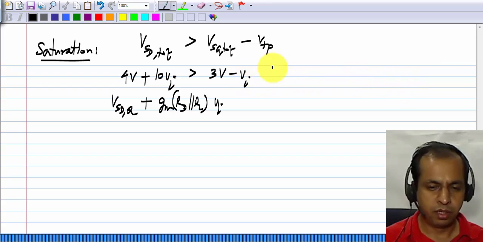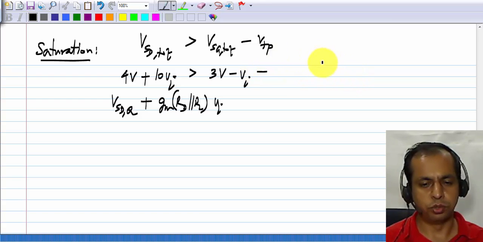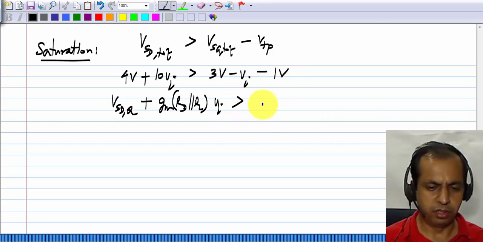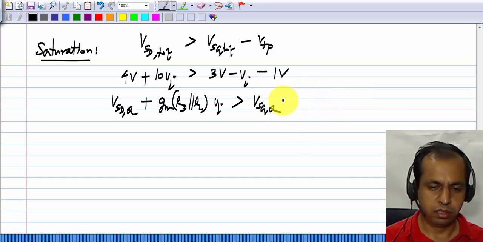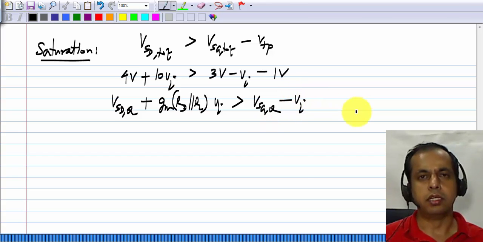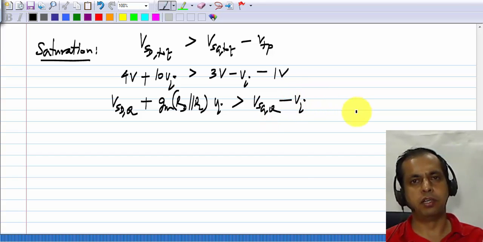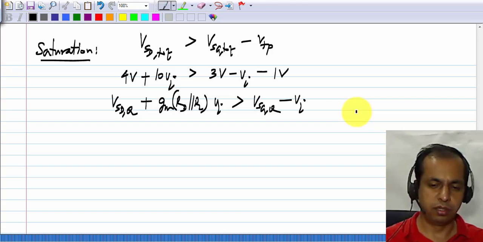Minus the threshold voltage, which is 1 volt. And in general terms, it will be greater than the quiescent source gate voltage, and I'll write minus Vi. Again, if you have a division between RS and R1 parallel R2, you have to include that here, minus the threshold voltage.